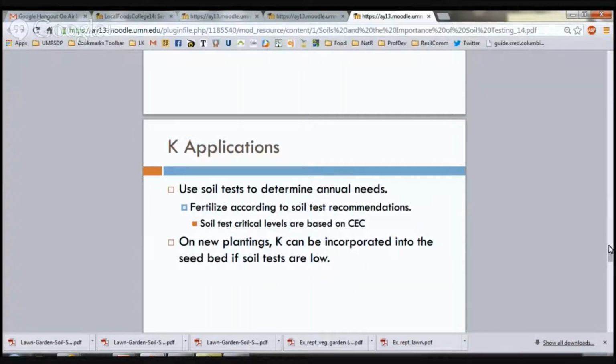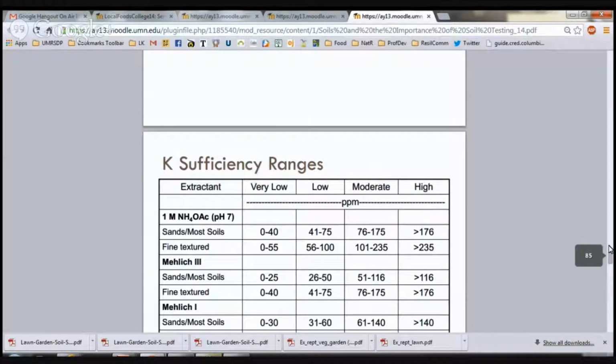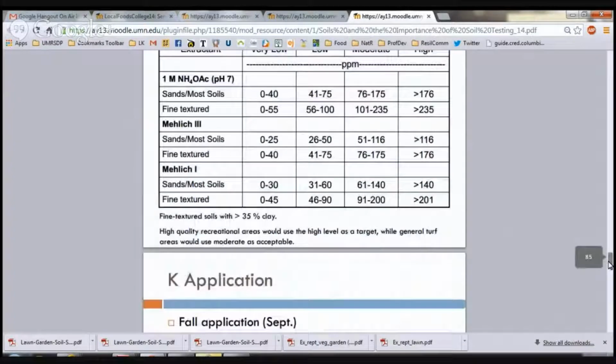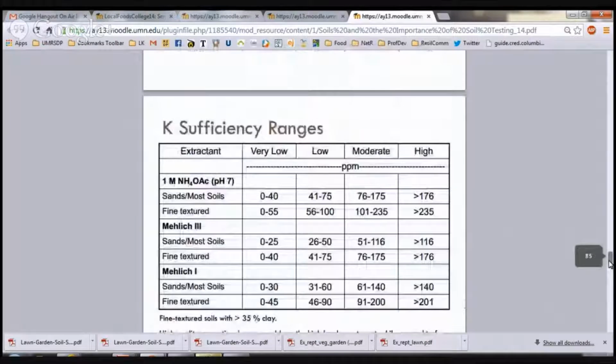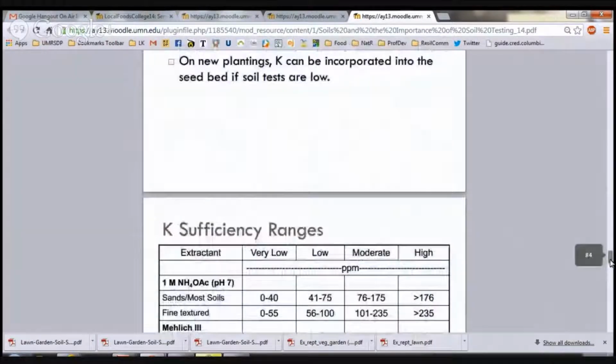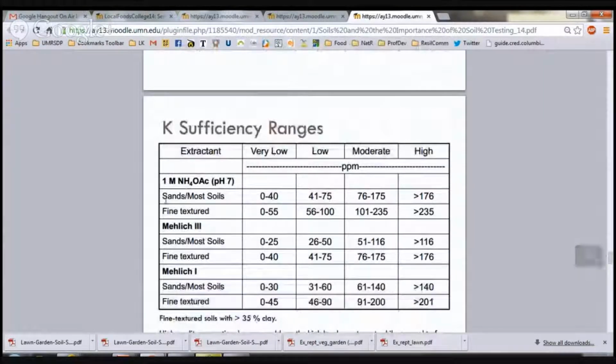And like I said, with anything, you just always want to do a soil test to make sure that you have a deficiency. And so this is a similar table here showing the sufficiency ranges. This one's a little bit more complicated than phosphorus. We use an ammonium acetate extractant, and so typically it's for most soils.